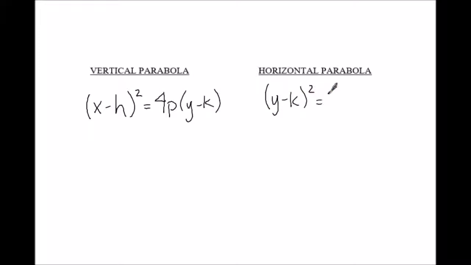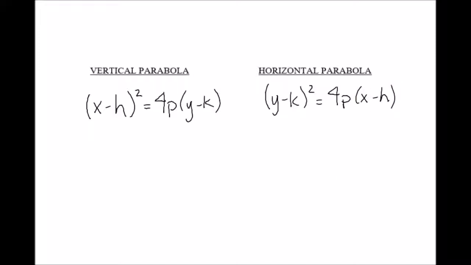For a vertical parabola, the equation is (x - h)² = 4p(y - k). And for a horizontal parabola, you have (y - k)² = 4p(x - h).